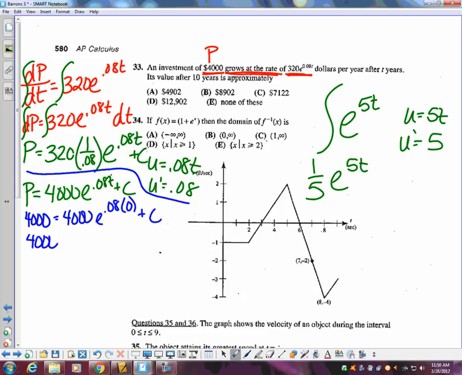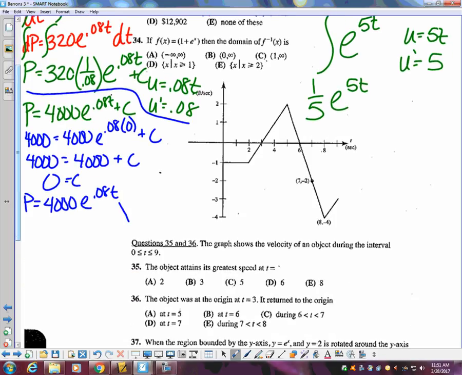Okay, e to the 0 is just going to be 1, times 4,000 will be 4,000. Subtract 4,000 over, c equals 0. So now I have P equals 4,000e to the 0.08t plus 0, so I'm not going to write it. And then it says, what do you have after 10 years? So I'm just going to plug a 10 right there. Type that into your calculator.